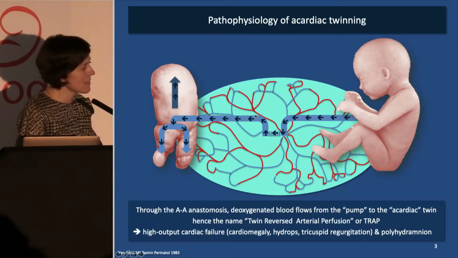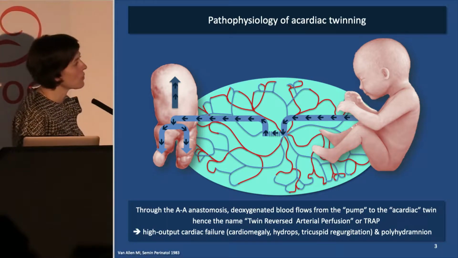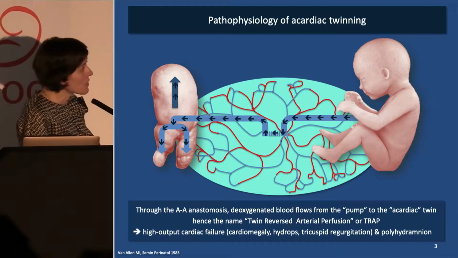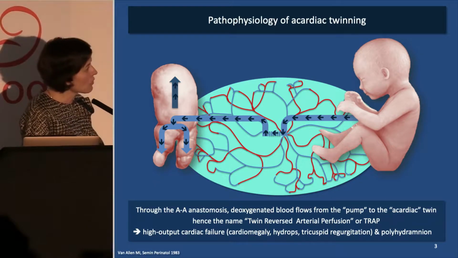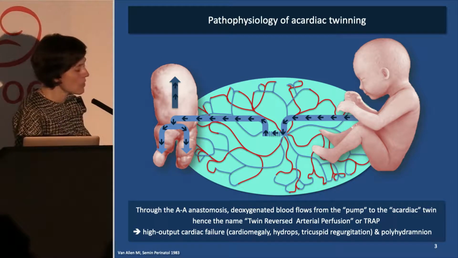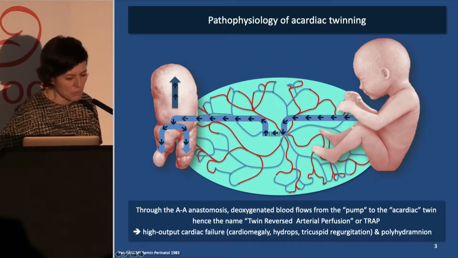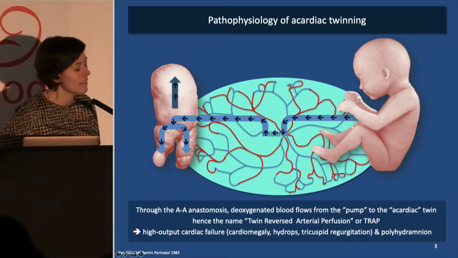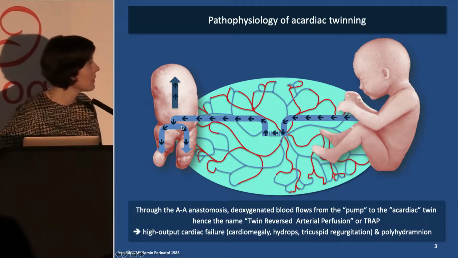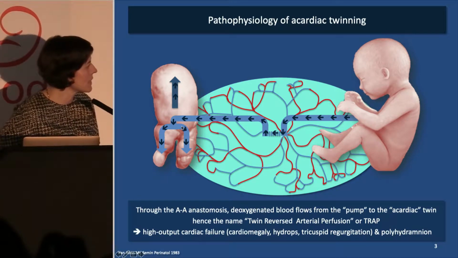And actually what happens is that the arteries in fetal life carry the oxygenated blood. Through the artery-to-artery anastomosis, deoxygenated blood goes in the opposite direction into the body of the demised co-twin, and therefore the name twin reversed arterial perfusion sequence.